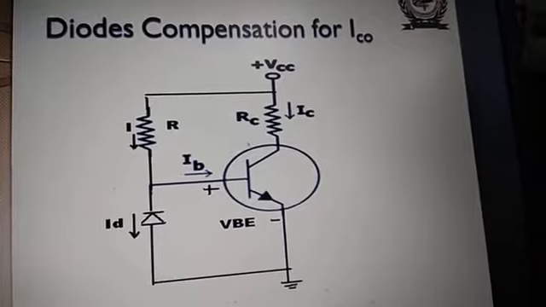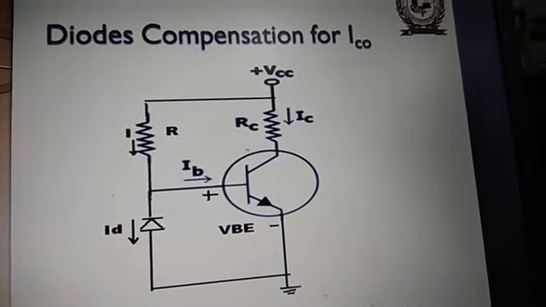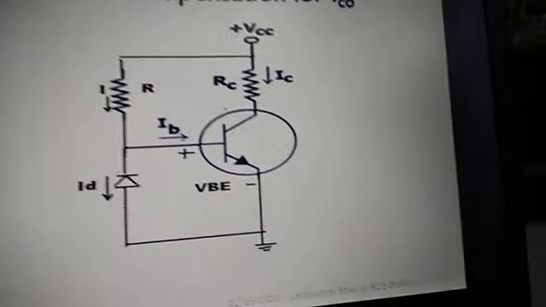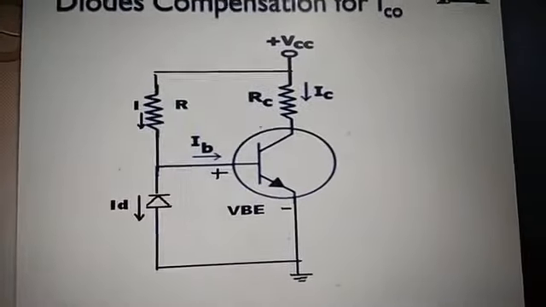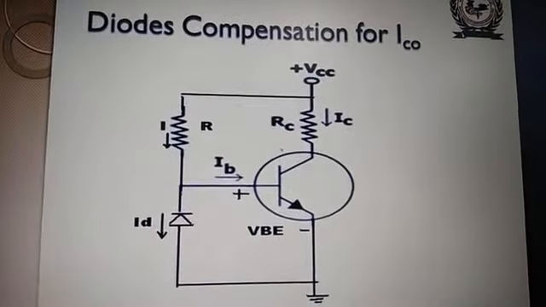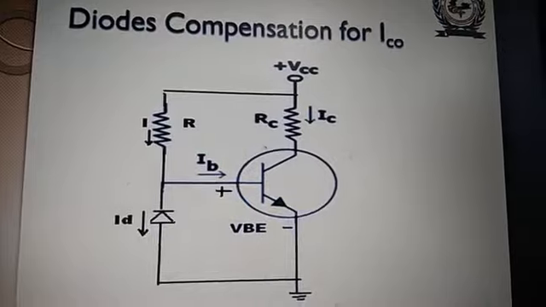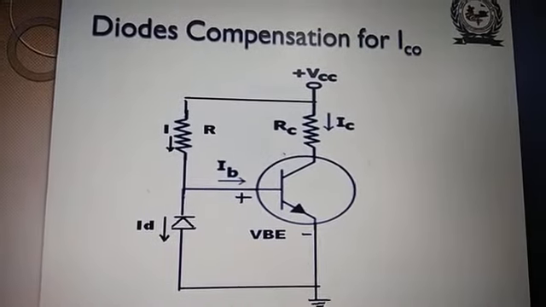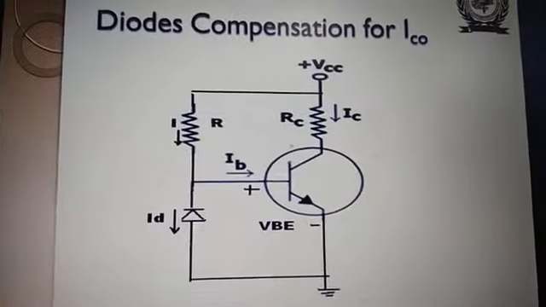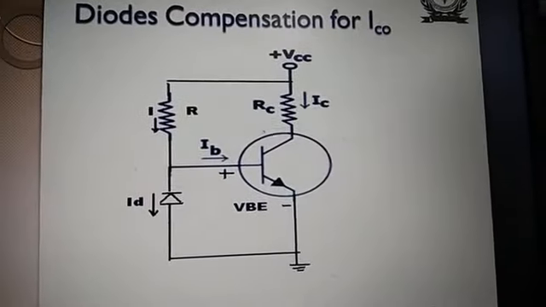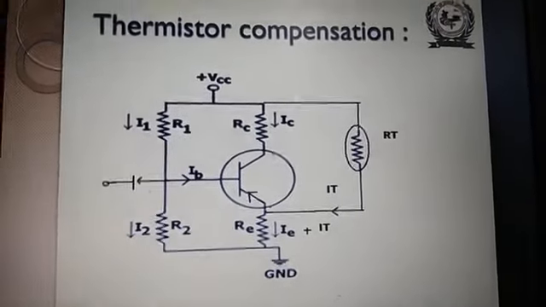So this is compensation against ICO. Any change in temperature in the transistor junction will change the ICO. The same temperature change will also change the reverse current of the diode, and hence both currents will be compensated.